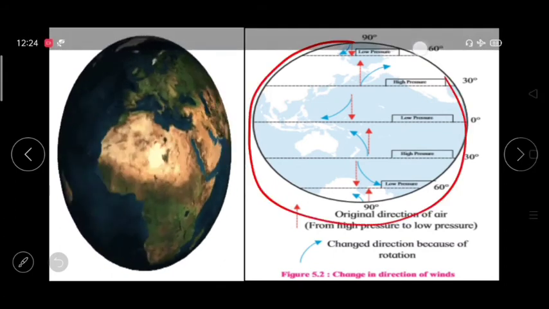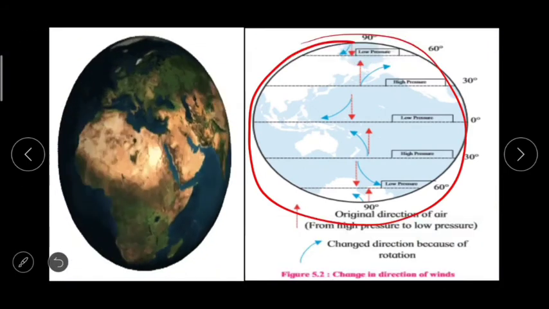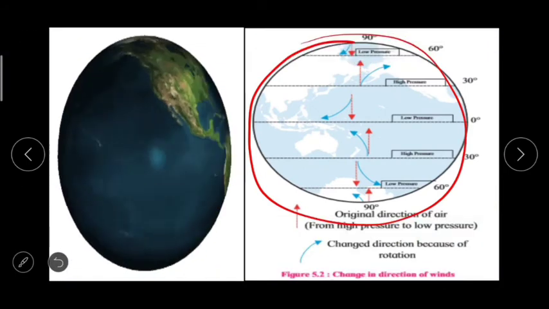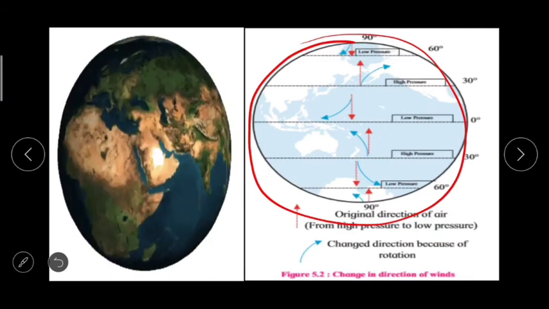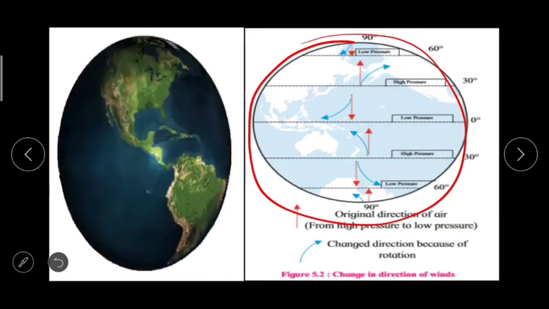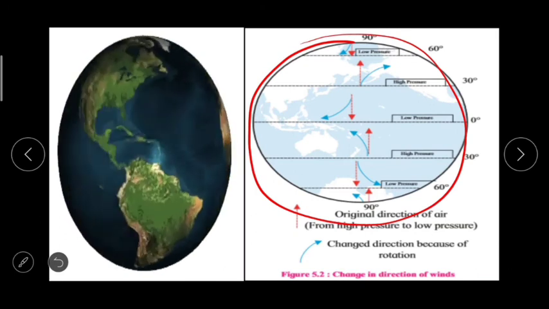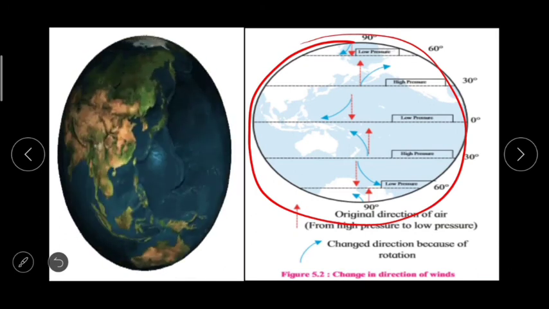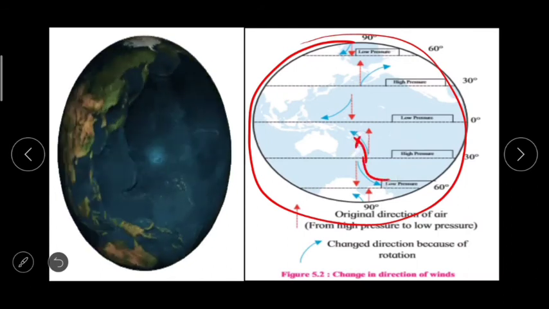Again here in the image you can see, whereas in the southern hemisphere, towards the left of their original direction, and this direction has been shown by curved arrows in the figure like this. Here you can see the curved arrows.